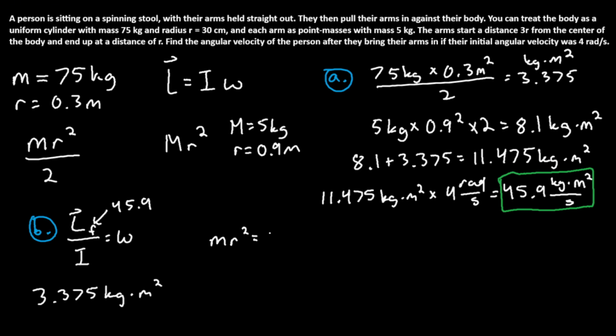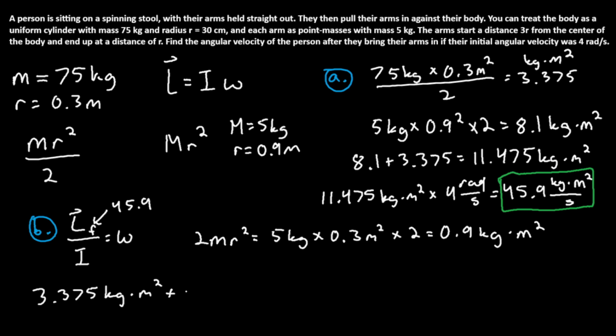And if you multiply the mass of the arms, which was 5 kilos, times the radius, now they end up at a distance of r, and r is just 0.3 meters squared. We can multiply this by 2 as well to get the moment of inertia of both the arms. So we can have 5 times 0.3 squared times 2, and that equals 0.9 kilogram meters squared.